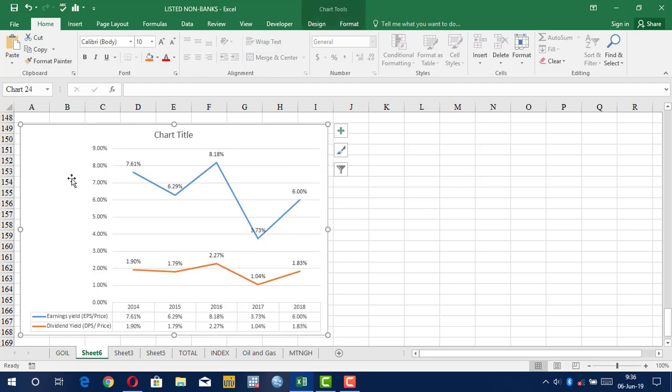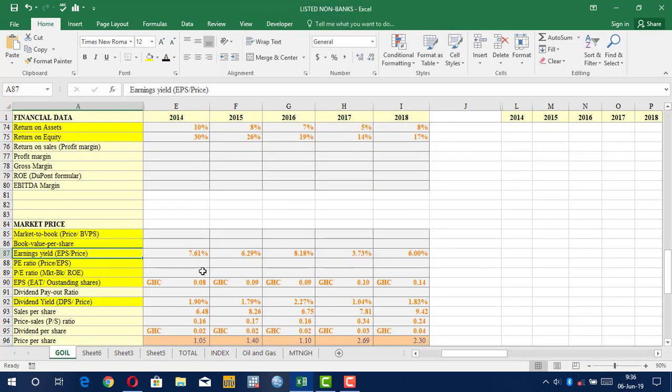You look at the industry average, you compare it with the oil and gas companies found within the particular industry, then you compare the ratios, and then you can make a conclusive judgment. Let's do our charting for the earnings per share.